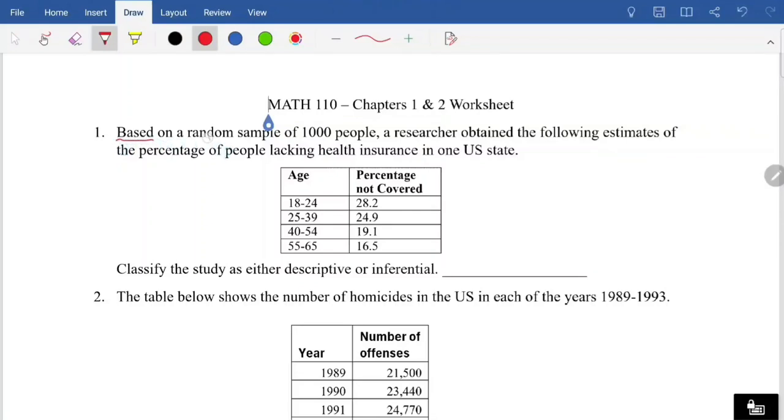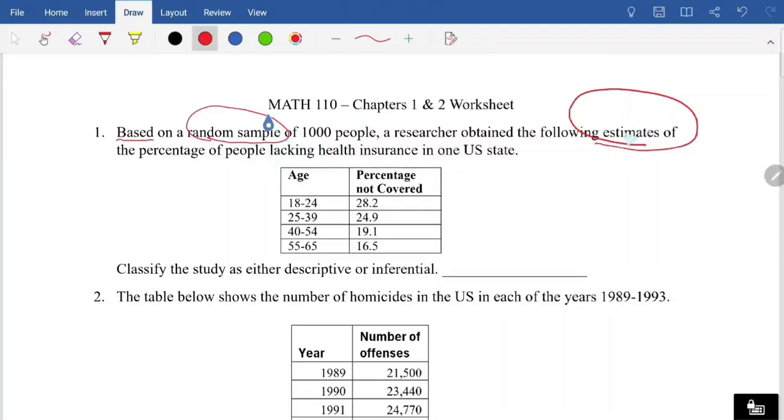Based on a random sample of 1,000 people, a researcher obtained the following estimates. This is a key word here, estimates. So what they have done is they have drawn estimates, they have drawn conclusions based on a study done on 1,000 people in a sample.